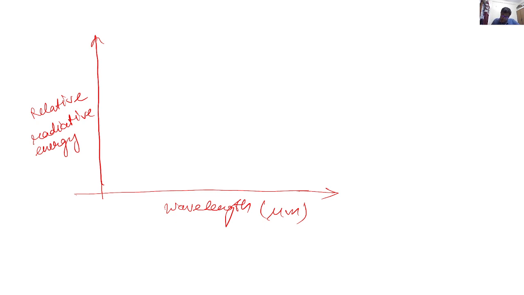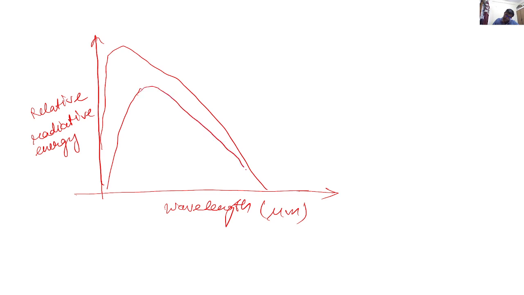So the graph, the plot between the relative radiative energy and the wavelength would look somewhat like this. I'm going to tell you what these entities actually mean. This peak would happen around 0.5 microns.